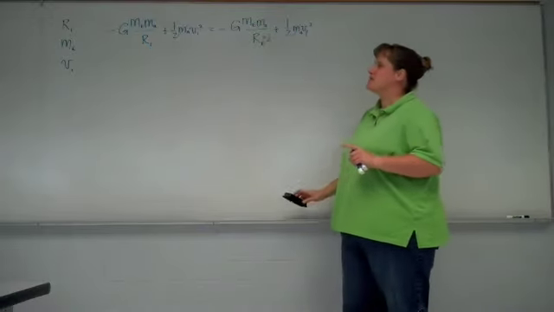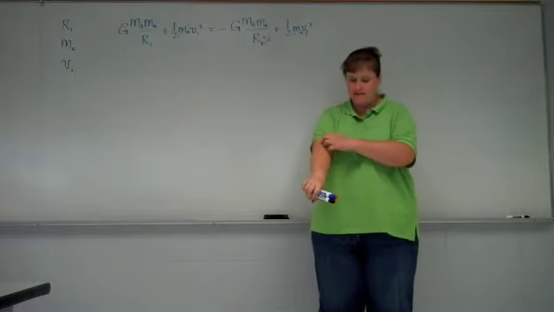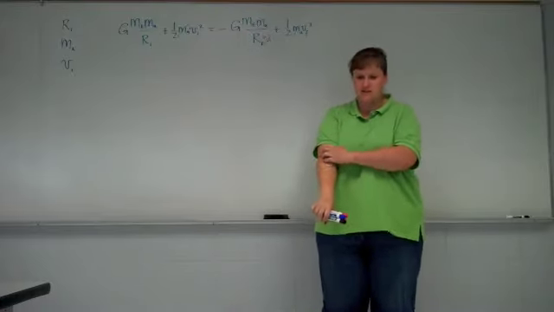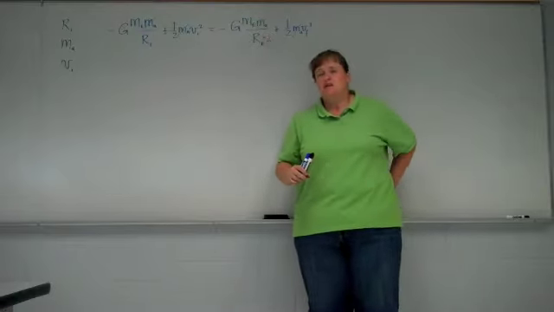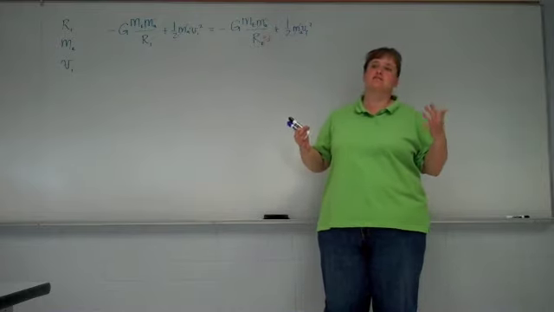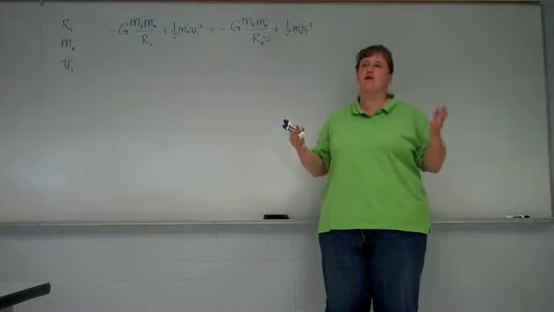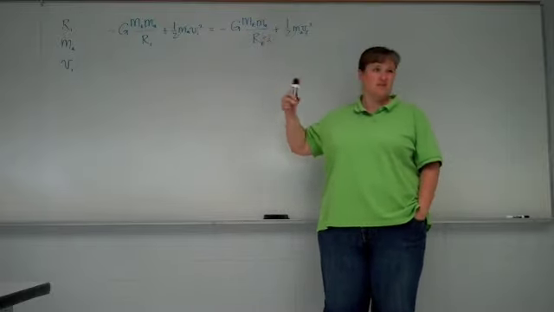One last little equation that is derived from this is something you'll sometimes hear astronomers talk about: escape speed. For example, not too long ago they launched a probe to head out to Pluto. They're going to circle Pluto and take some good pictures.